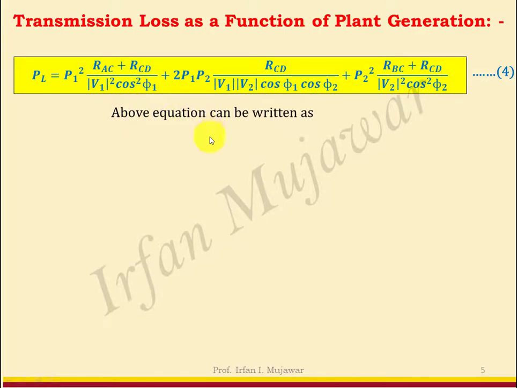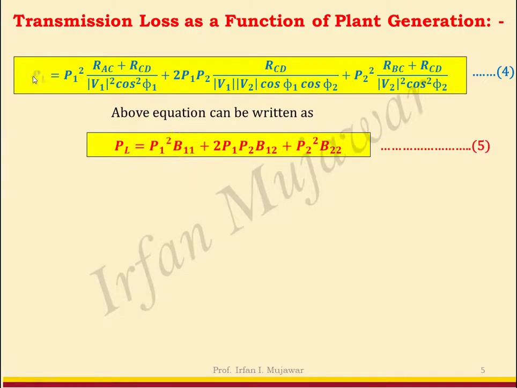Now the above equation we can again rewrite in terms of loss coefficients or B coefficients as follows. PL is equal to P1 square B11 plus 2 P1 P2 B12 plus P2 square B22, where B11, B12, B22 are the loss coefficients or B coefficients.